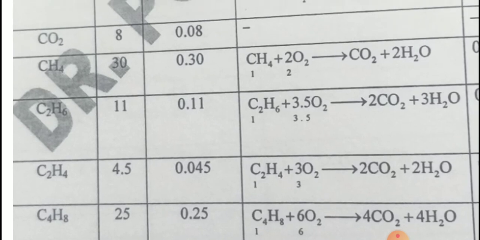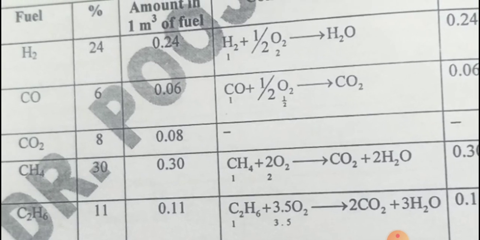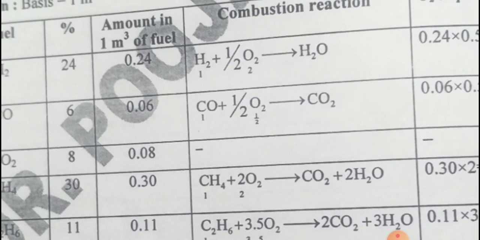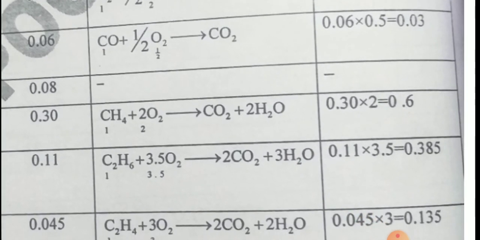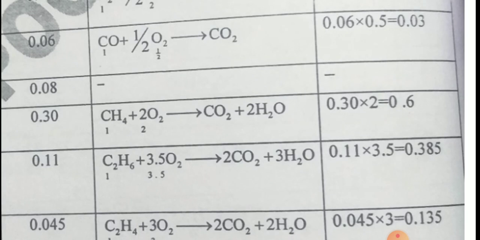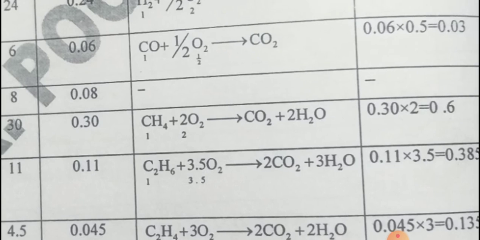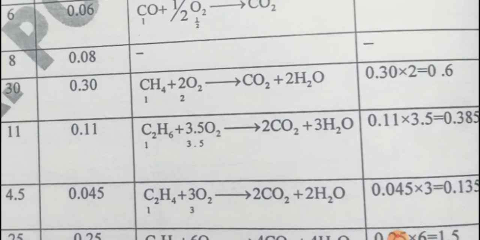Methane 30% is present. It is 0.3 in meter cube. The combustion reaction for methane is given, and methane requires double its volume of oxygen for combustion. So 0.3 into 2 is 0.6, the oxygen needed.